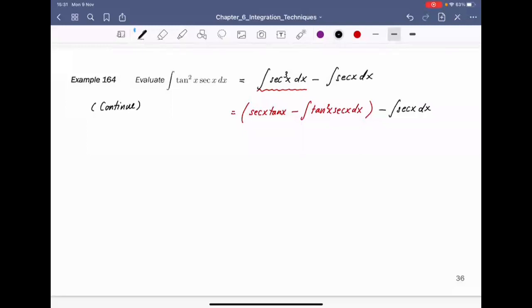You can see that I can group the left hand side to be 2 times integrate tan square x sec x dx. On the right hand side, I have sec x tan x, and integrate sec gives log sec x plus tan x plus c. Then I divide everything by 2.